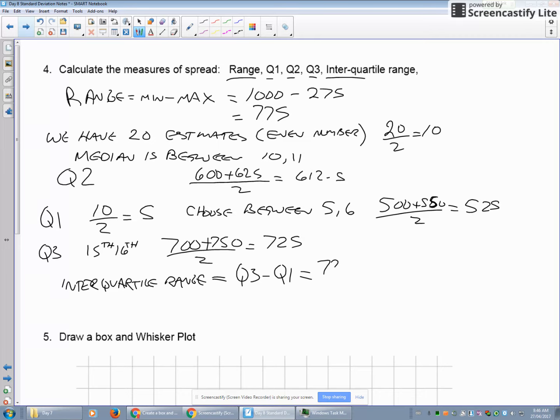Q3 is 725. Q1 is 525. That is 200. So 50% of the estimates were within 200 people at the game. That's what that's showing.